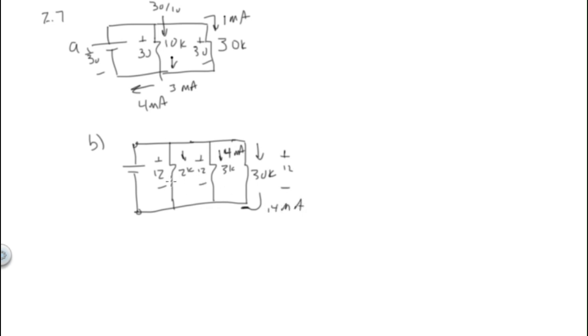And I have 2K and 12 volts, so that's 6 milliamps. So I have 6 milliamps coming down here, 4 milliamps coming down here, 0.4 coming through here. So what is the total? 6 milliamps plus 4 milliamps plus 0.4 milliamps is what? 10.4 milliamps. So my total coming around there is 10.4 milliamps. All right, so that's that one.